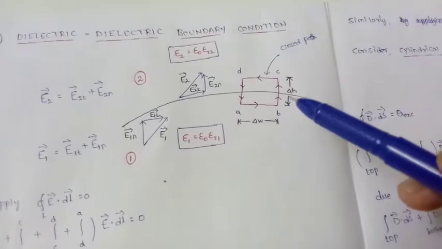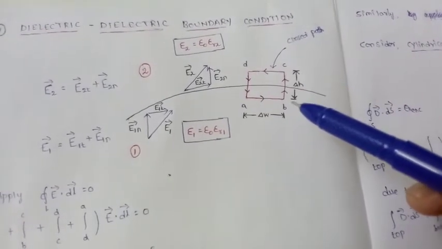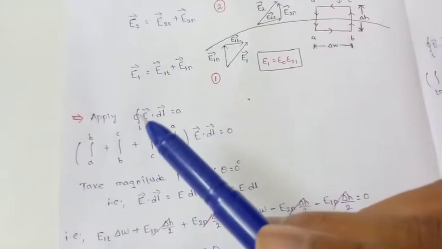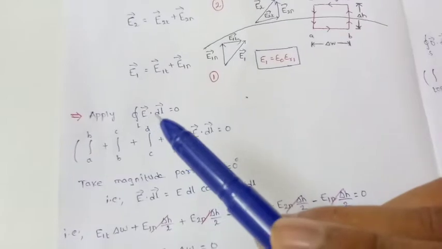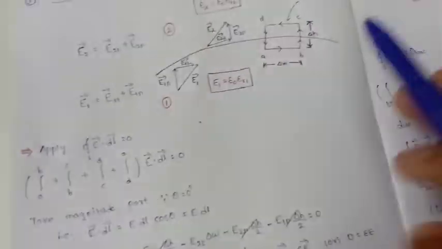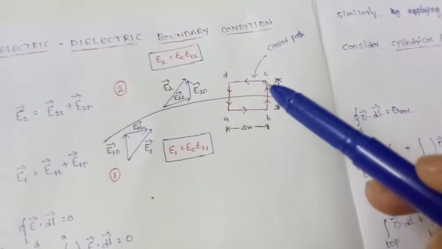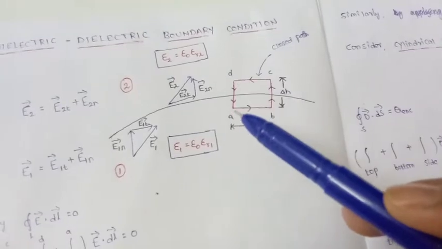If you observe del h, it is lying half in region 2 and half in region 1. Now let us come back. Apply the closed line integral E dot dl equal to 0, the first Maxwell's equation. Now observe this closed path is split into A to B, B to C, C to D, and D to A.